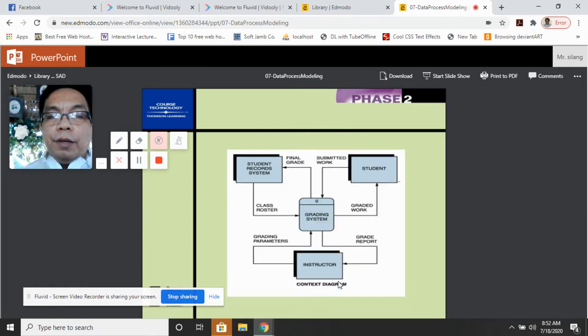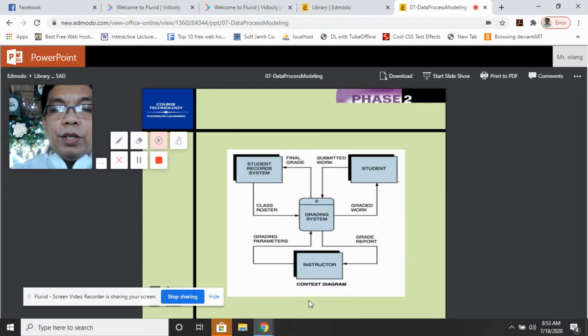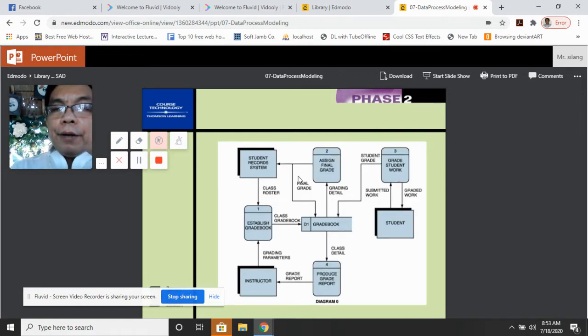So it's the same context diagram, and this diagram, as you can see, is called diagram 0, and is actually referring to the same system. So we just exploded this process. You notice it is numbered 0 in this diagram.